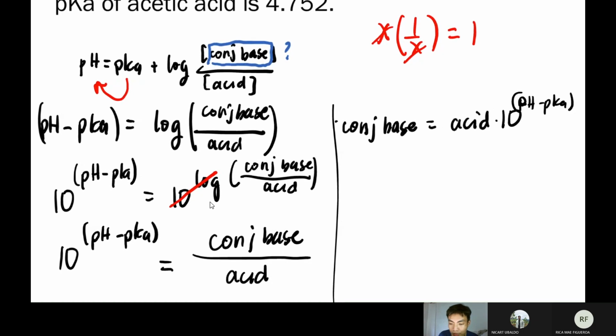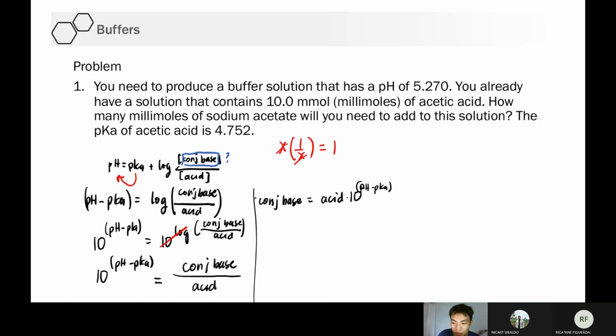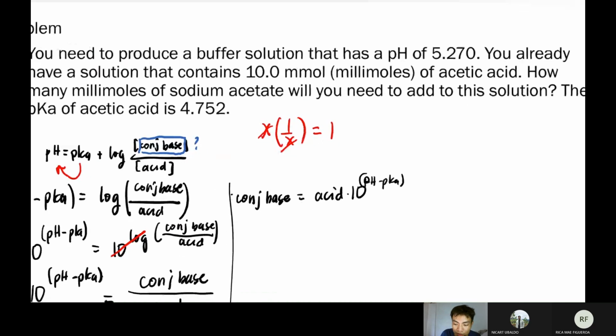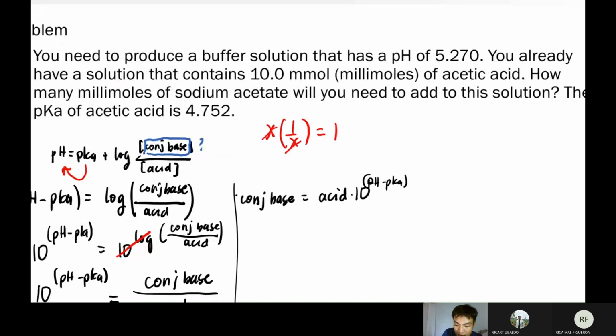Okay? So, going back to the problem, we now have the final equation na gagamitin natin. That will be conjugate base equals acid times 10 raised to pH minus pKa. So, conjugate base, hanapin natin yung millimoles niya na kailangan to have this buffer solution.